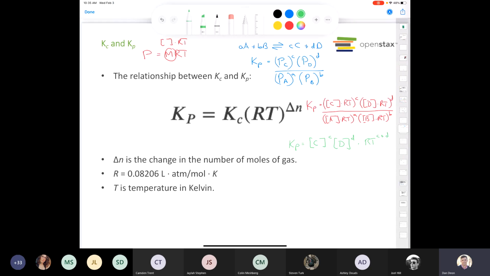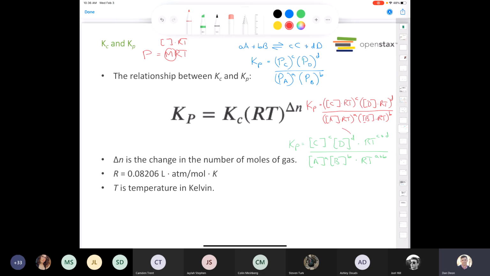I'm just doing the algebra here. I just factored out this part here. Since I'm multiplying them, I add the exponents. And then I plug in my denominator: concentration of A to the power of little a times concentration of B to the power of little b times RT to the power of a plus b, like that.